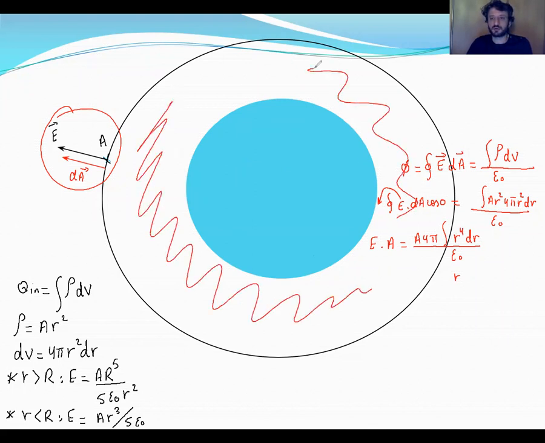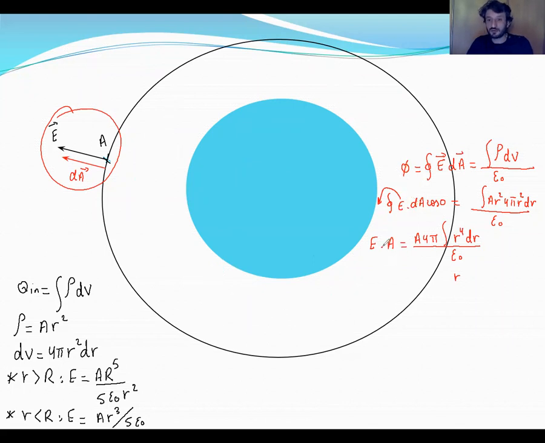So when you say Q in, the limit of r must be between 0 and capital R, because we don't have charge outside.